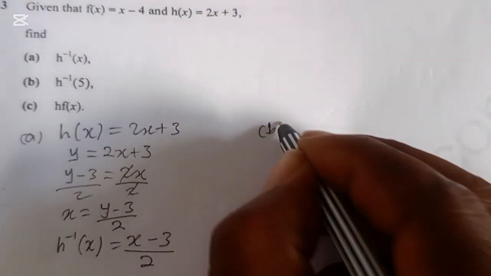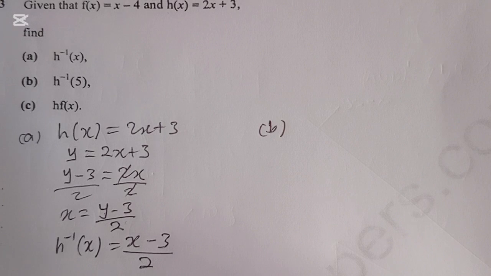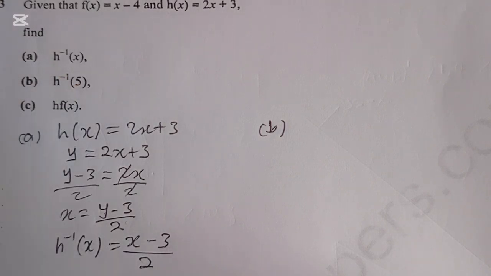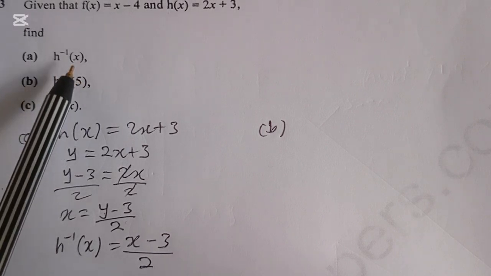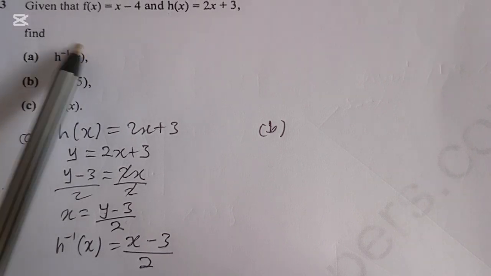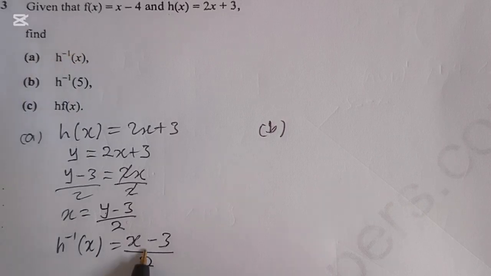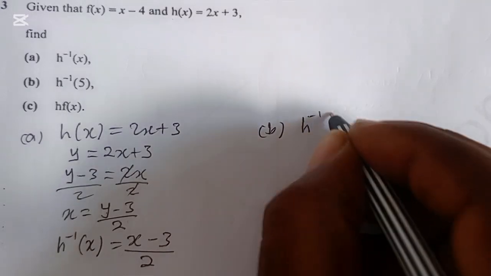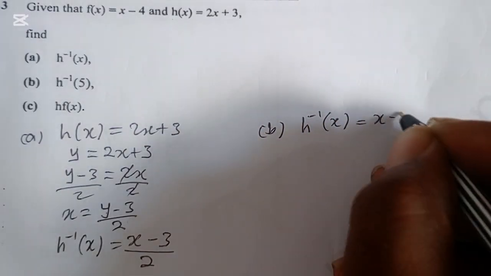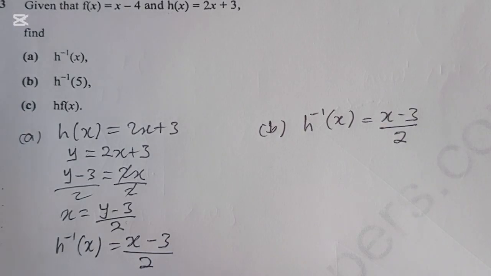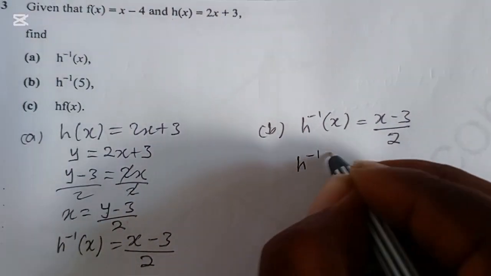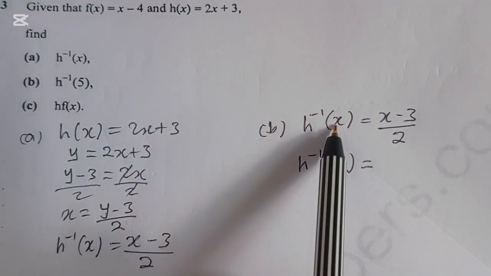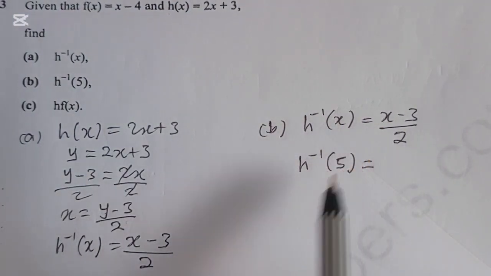Then B, find h inverse of 5. So for us to find h inverse of 5, we need to use h inverse of x, which we have. So h inverse of x is x minus 3 over 2. So h inverse of 5 is equal to, where there is x here, we are going to substitute 5.